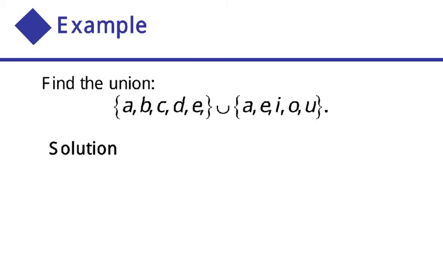So to find the union of these two sets, we're going to put in everything that is in the first set and everything that's in the second set that wasn't in the first set. And there is our union of those two sets.